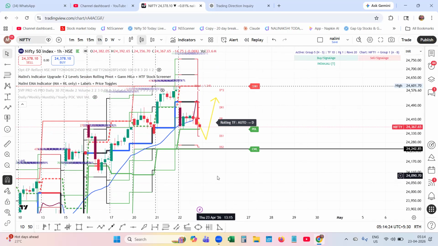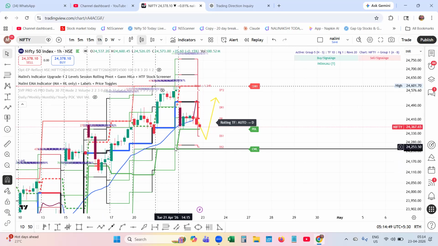See here, neutral to positivity has come in this area. In this area, the pivot box is sitting in between the previous day high and previous day low.